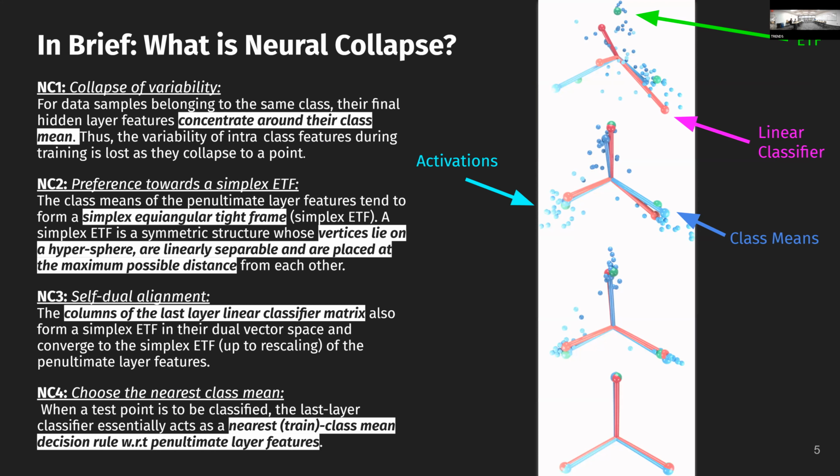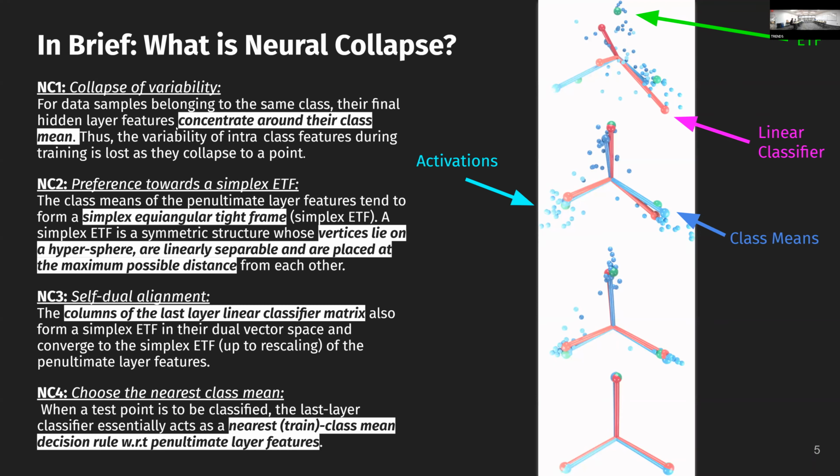So this is the canonical slide of this paper and of this whole idea of neural collapse. You have four characteristic things that characterize neural collapse. First is the collapse of class variability, where data samples will concentrate around the class mean.